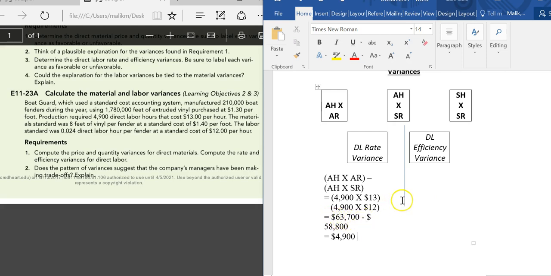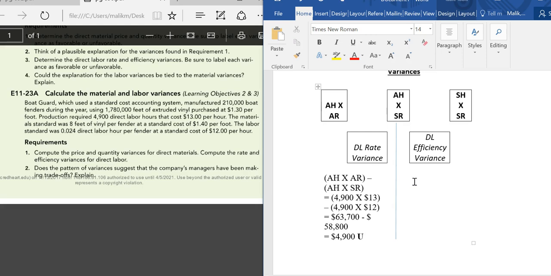The first box is the actual part, and the second box is the standard part, and you have to compare the difference between the actual and the standard part. You find here that the actual cost box is 63,700 and the standard is 58,800. That means your actual is higher than the standard, so it is an unfavorable one. Remember, all these are costs, so if actual is higher than the standard, then it will be an unfavorable one.